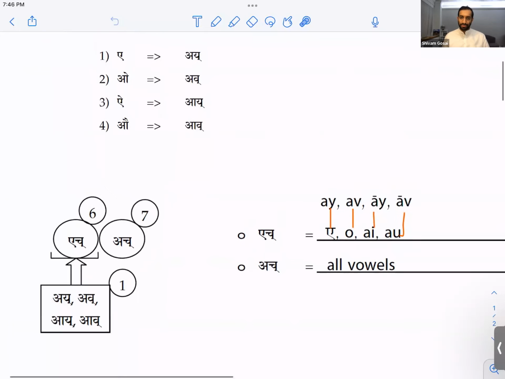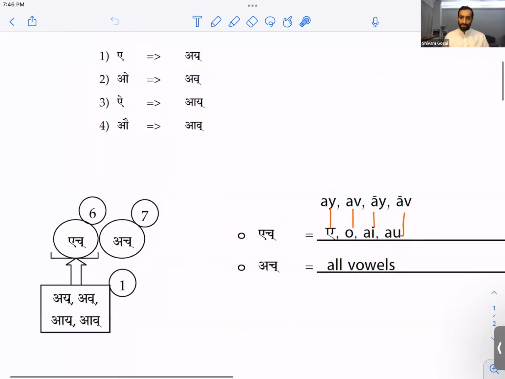So when you have these e, o, ai, au followed by any vowel, then they get replaced by ay, av, ayi, avi, in terms of order.